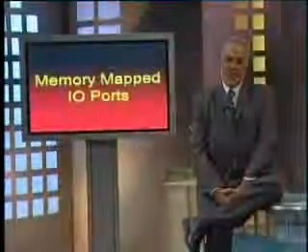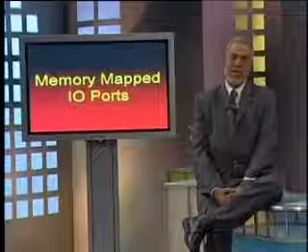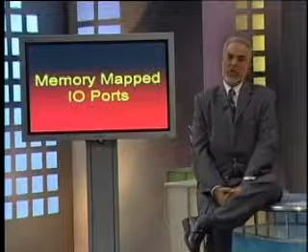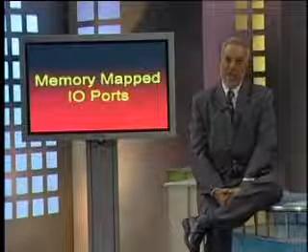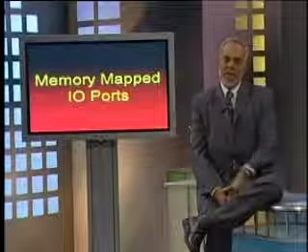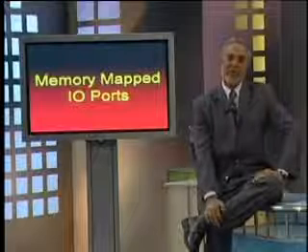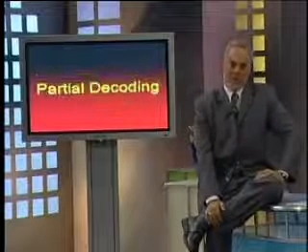Now in the last example, we have seen that all the 16 address lines were used as an input to the address decoder. Now we could economize if we do not want to use all the address lines and have a lesser space. This could be done by using a partial decoding scheme.